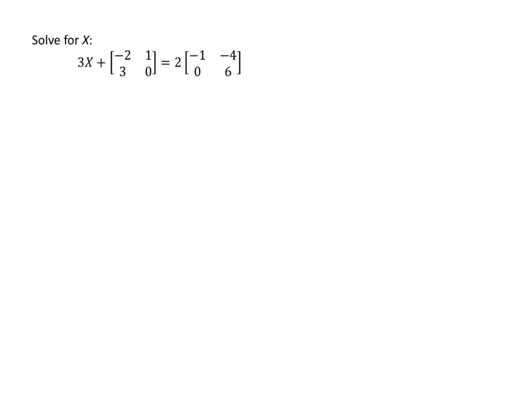In this last problem, we're asked to solve for matrix X. So you'll actually approach this the same way that you would approach a regular equation. The first thing that I'm going to do is simplify this right-hand side, meaning I'm going to multiply this scalar 2 by each one of these terms.